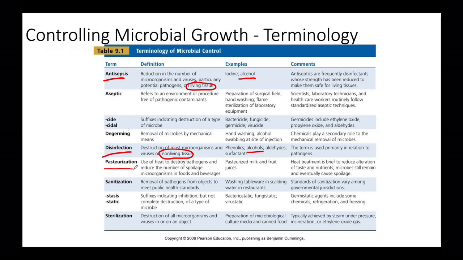Pasteurization is a term you are likely aware of because it appears on different food and beverage items that you purchase. And so pasteurization is using heat to reduce the number of microorganisms in that food or beverage. But it is not going to remove all the microorganisms typically, but it focuses on two important groups.